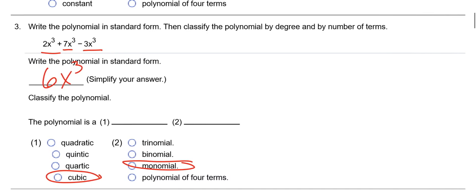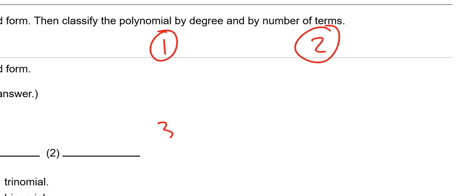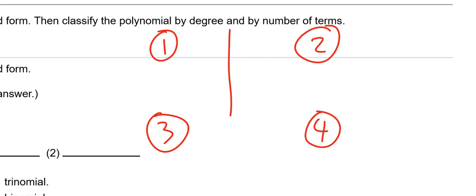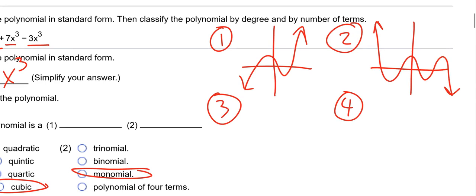Okay, off to the side on question 3, I'm gonna write some notes down here. I'm gonna label these graphs 1, 2, 3, and 4. So make sure you write these graphs down. They're going to be extremely generic looking polynomial graphs.